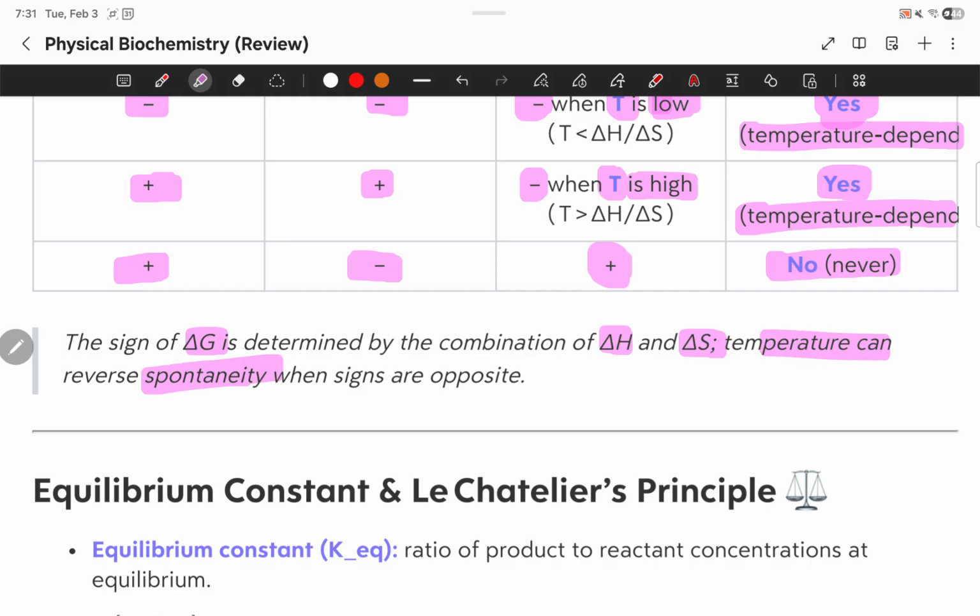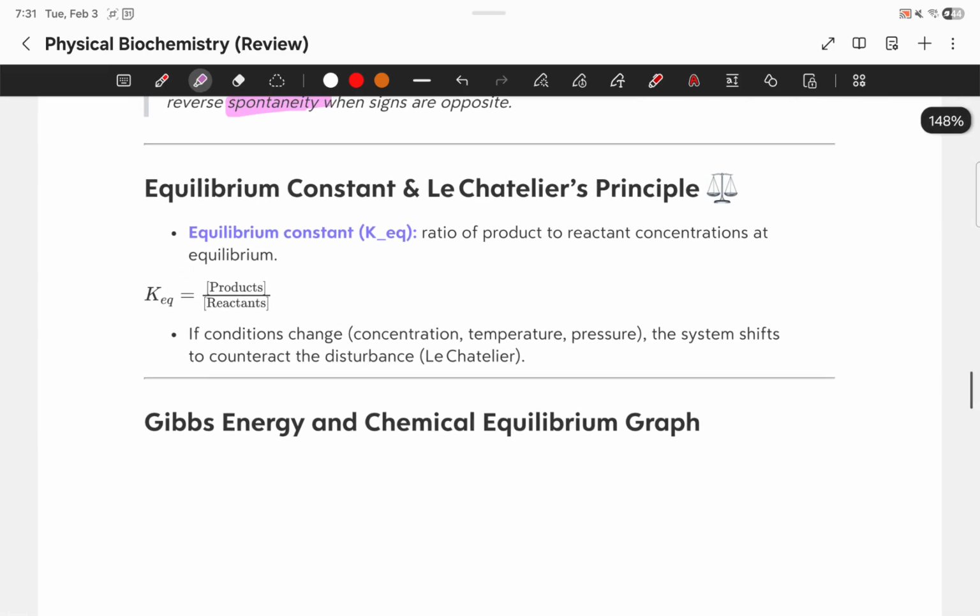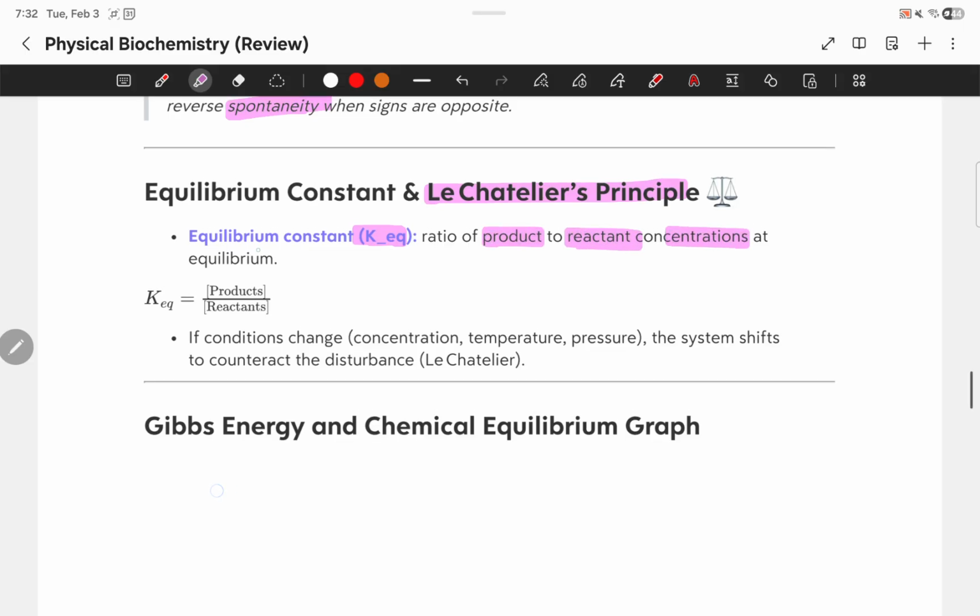Okay? Great. Moving forward. So we have the equilibrium constant and Le Chatelier's principle. The equilibrium constant, K eq, is basically the ratio of product to reactant concentrations at equilibrium. It stands for this equation right here, concentration of products over the concentration of reactants.